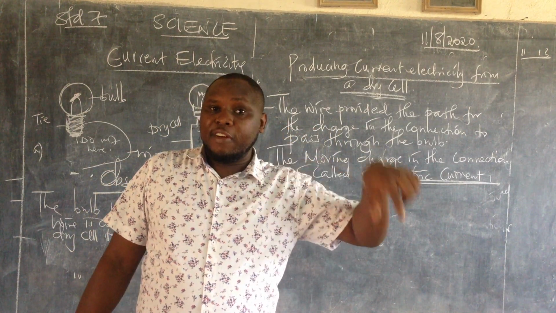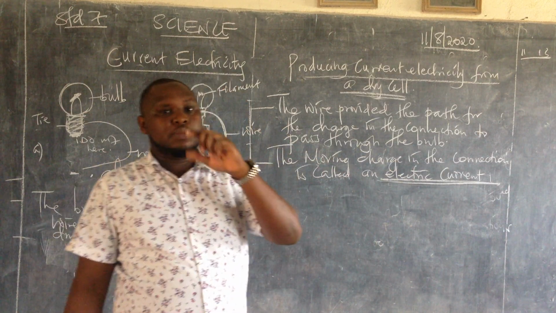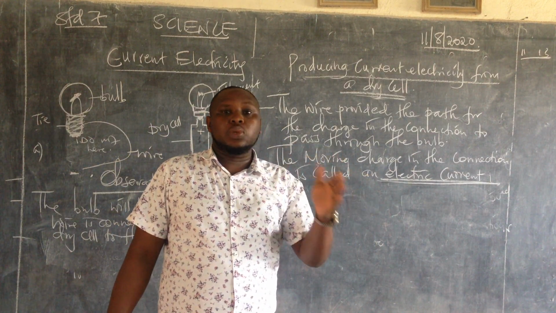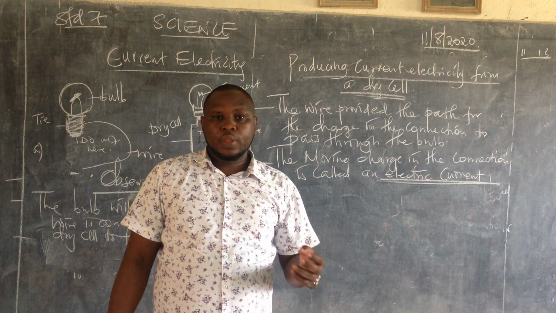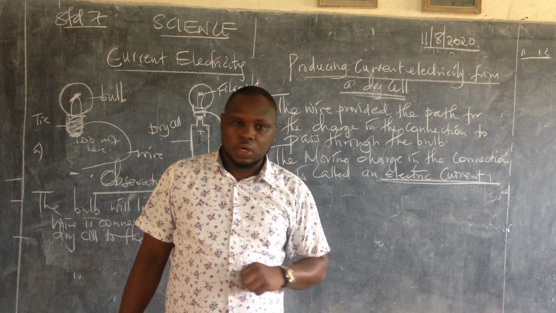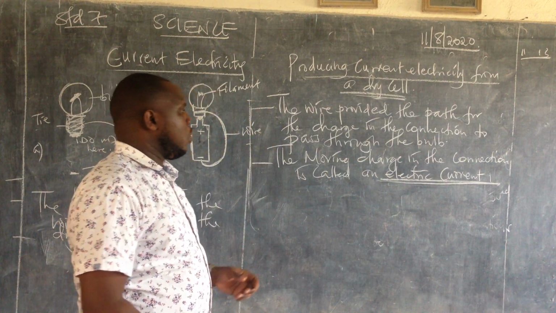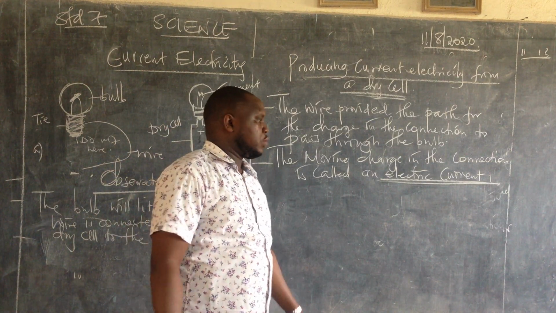In your body you have blood, and any charge that comes into contact with water, because blood is like water, will likely give you the shock that we call electrocution.